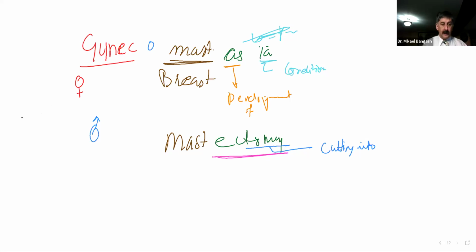And the ek actually comes from the prefix ect, which means out. So the whole word ectomy ends up meaning removal of. Well, how is it that we remove it? Cut into and take it out.